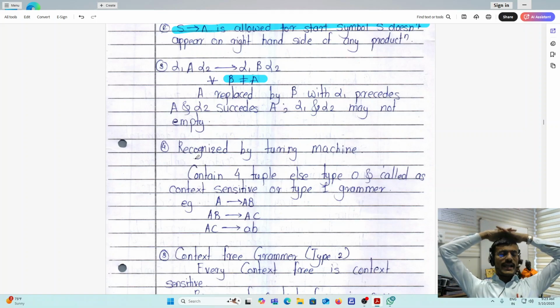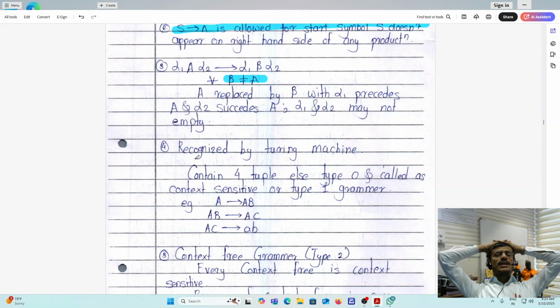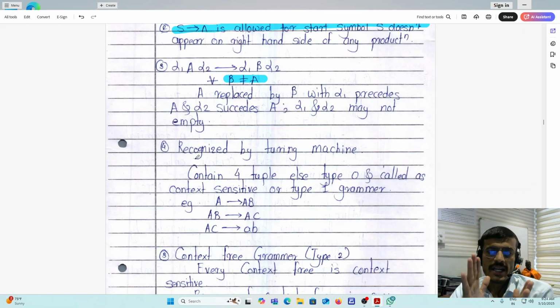While writing type 1 or context sensitive, you have to keep in mind it is in the form alpha tends to beta, where the size of beta is greater than alpha. Okay. In some exceptional cases, for example S tends to A, that is a unit production, this is going to be an exception. You have to write that much only. I have written too much here, but you have to go through that.